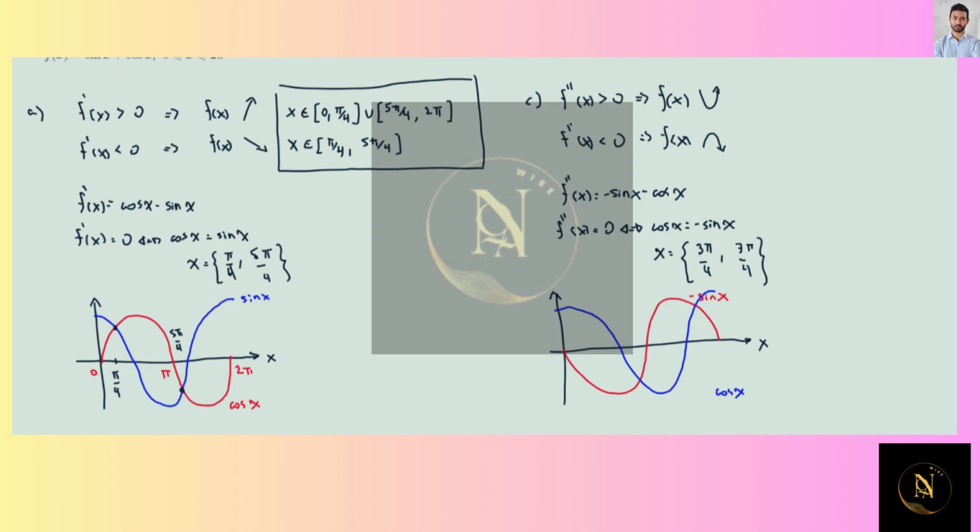So now we see that we're going to have a positive concavity when this blue curve is greater than this red curve here, and this first intersection point occurs at 3 pi over 4, excuse me, and the second one at 7 pi over 4. So we will have a positive concavity in this region and this region.